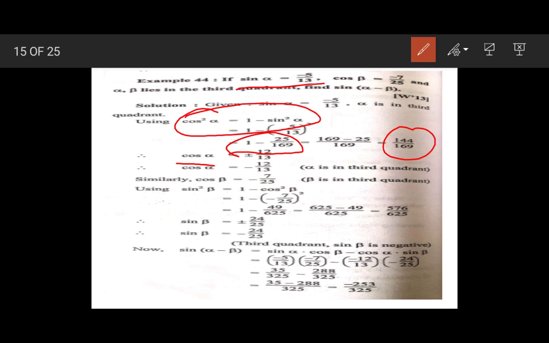So cos alpha is equal to plus minus 12 upon 13. But alpha and beta both angles lie in the third quadrant. So in the third quadrant cos is negative. Right? So therefore cos alpha is equal to minus 12 upon 13.